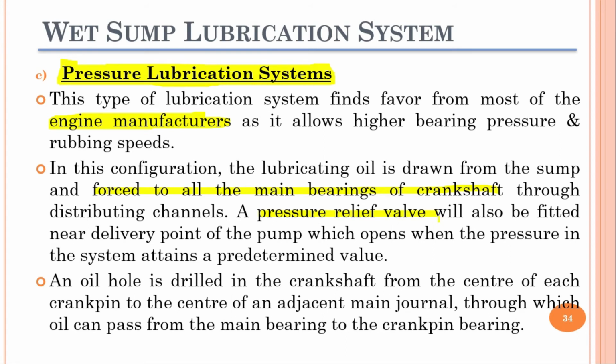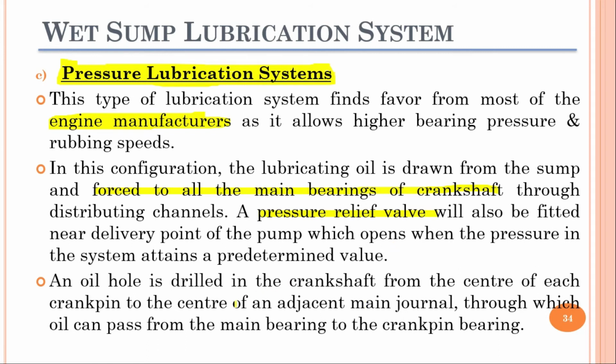of the pump. In case there is excessive pressure rise, this valve will open and it will relieve the excessive pressure to ensure that we do not have any failure in the lubrication system. Otherwise it will cause damage to our IC engine.